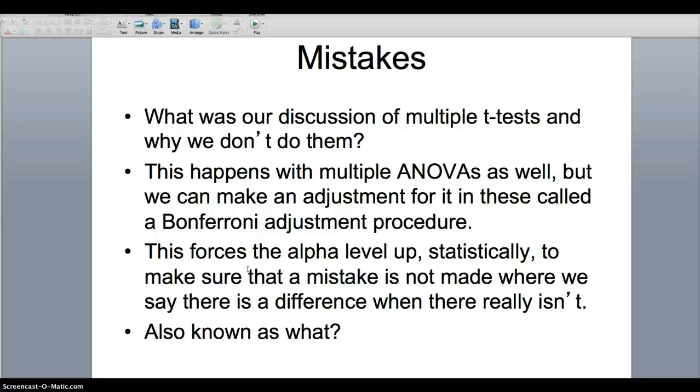Well, this can happen with running multiple ANOVAs as well, but there's an adjustment that can be made for that, and it's something that you'll probably come across called a Bonferroni adjustment procedure. What they're doing is forcing the significance level up statistically to make sure that there isn't a mistake made, that you're not seeing a difference where there's not one, which, if you remember, is called a type 1 error, a false positive error.